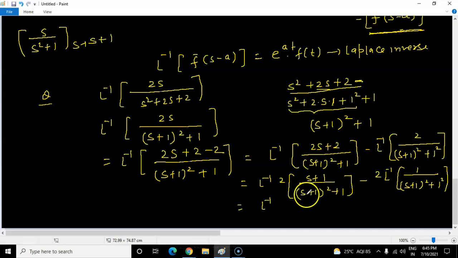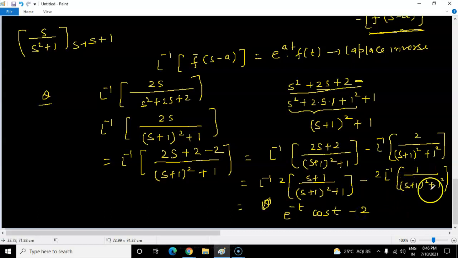So here s by s square plus a square means this is cos of at, a is here 1, and s replaced with s minus a is given, that's why it becomes plus. So it becomes e to the power of minus t into cos of t, minus 2, this one as it is only.